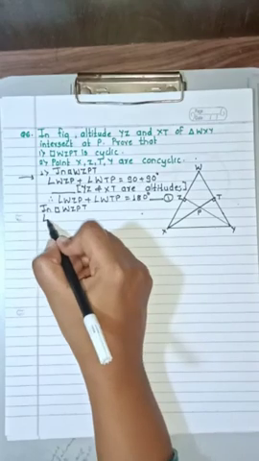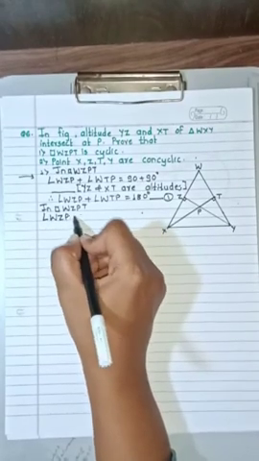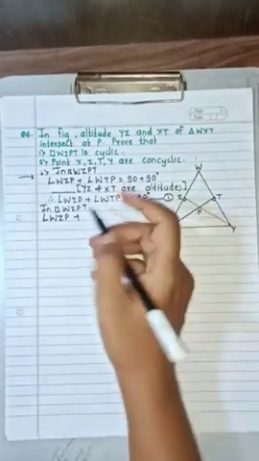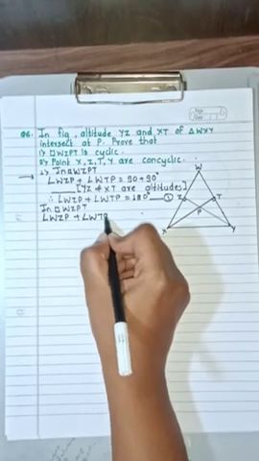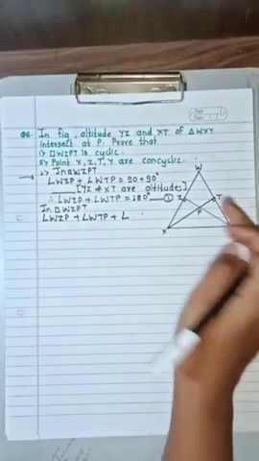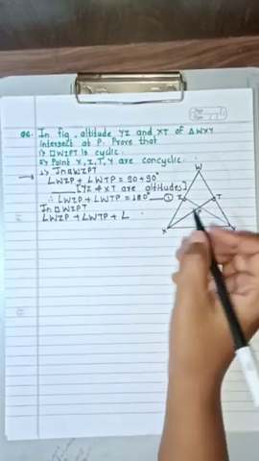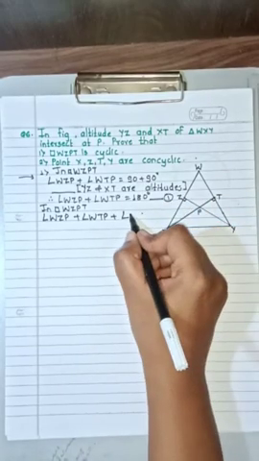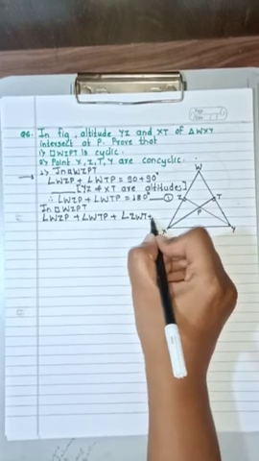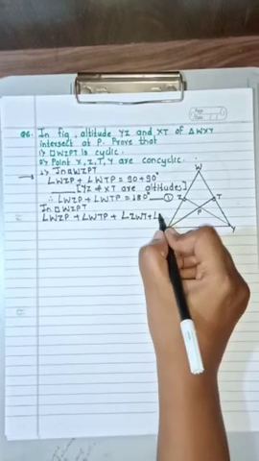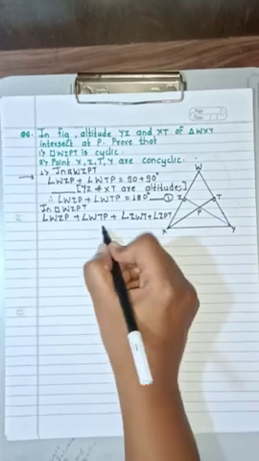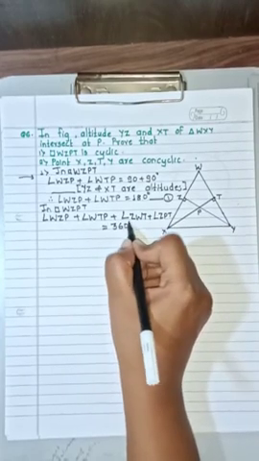Therefore, I'll write down angle WZP plus angle WTP plus angle ZWT plus angle ZPT is equal to 360 degrees.